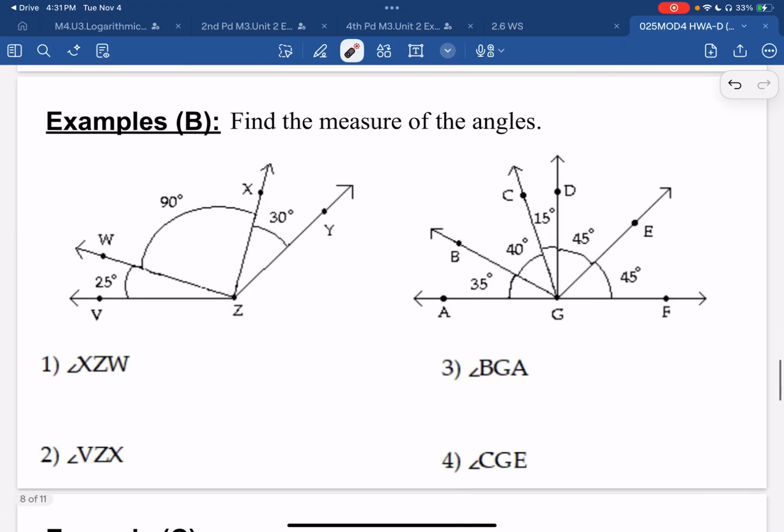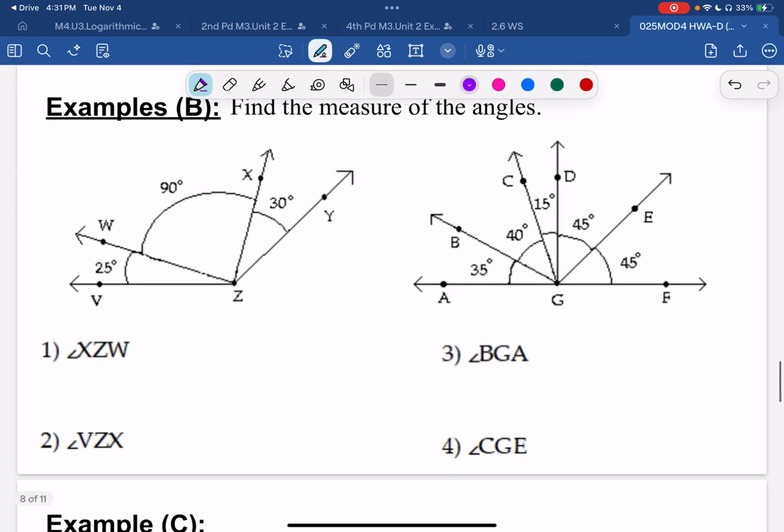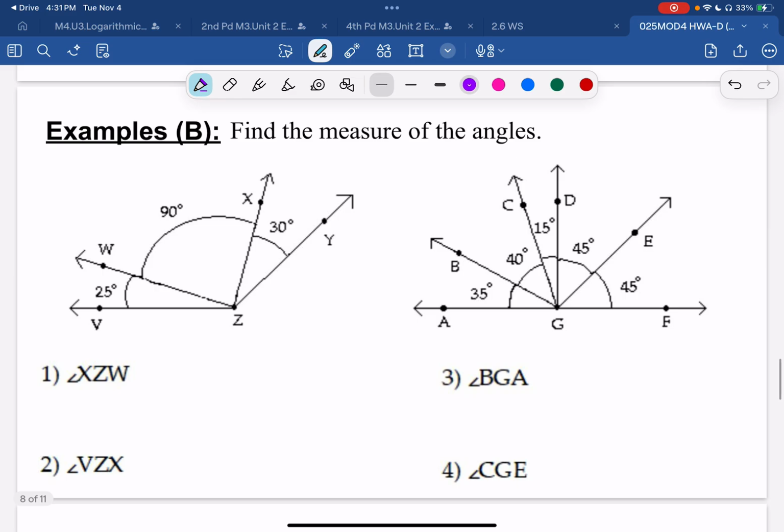Okay, so let's look at finding the measure of the angles first. So if we look at example 1, and it asks us to find angle XZW. So we want to make sure that when we're looking for this, we're marking it out correctly. So we want to follow those letters. So I want to go from X to Z to W. That's going to tell me my angle.